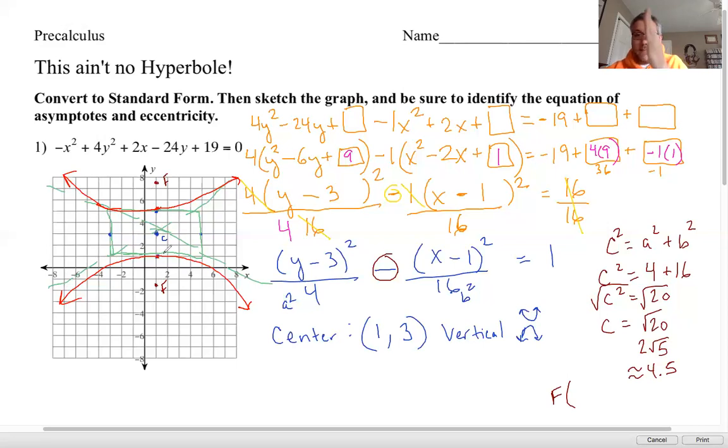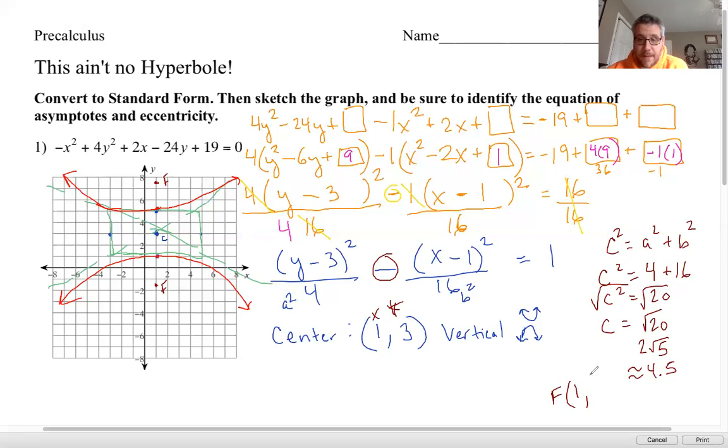Up and down is governed by your y coordinate, so it's all about going back to the center point. We didn't do anything to the x value. Everything was still over 1 and then up or down. So we're going to stick with that 1 that was the x coordinate from the center.